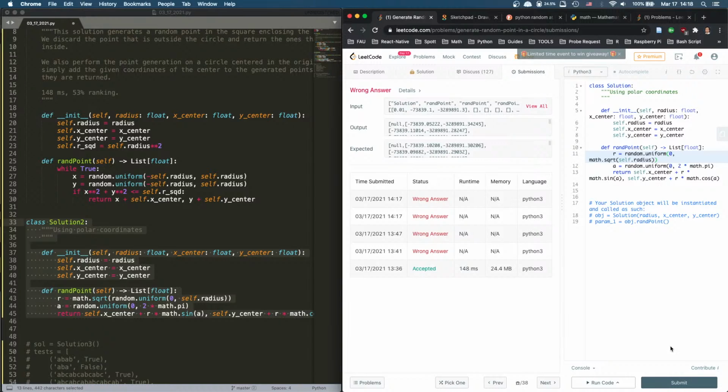Let's do this again. I think it's math.sqrt, right? Math.sqrt and random times R, self.radius.